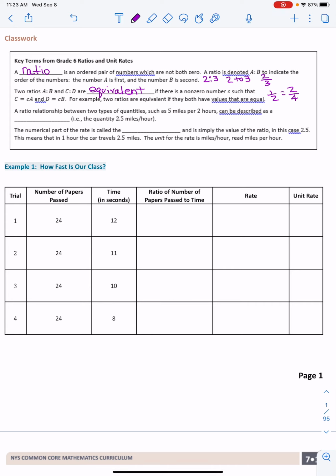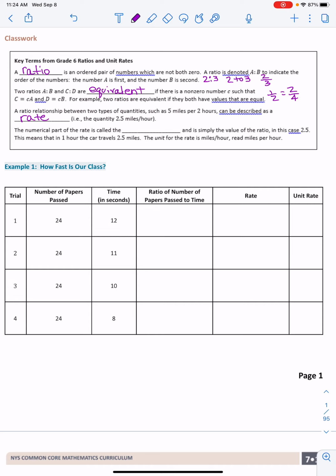A ratio relationship between two types of quantities, such as 5 miles per 2 hours, can be described as a rate. For example, the quantity 2.5 miles per hour.